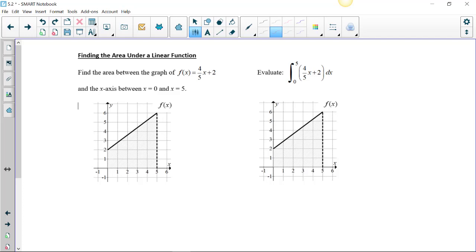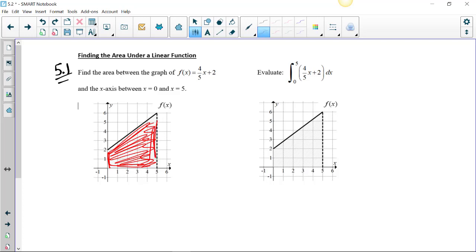Okay, so 2 things here. In 5.1, this is what we were saying. Find the area between the graph of some function and the x-axis between 2 values. Okay, so that means basically find the area of this region. And so that's what we did.